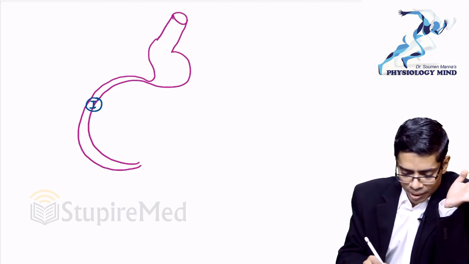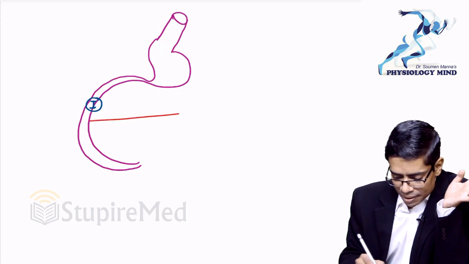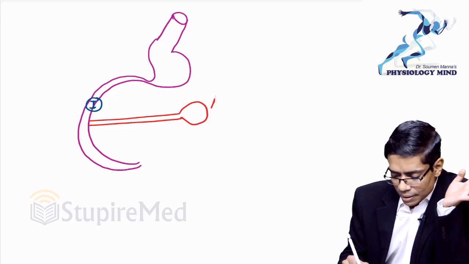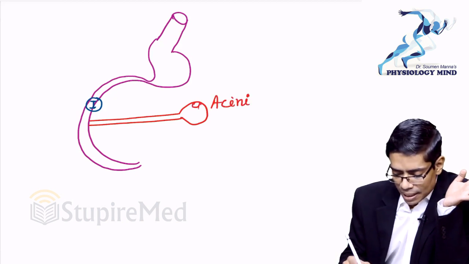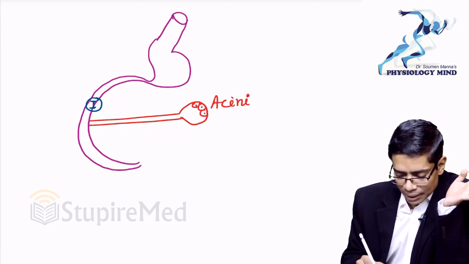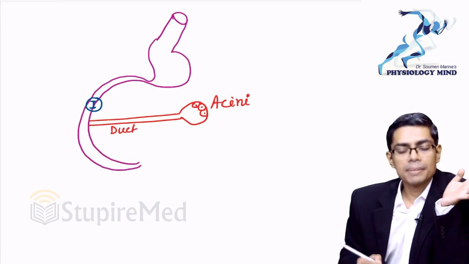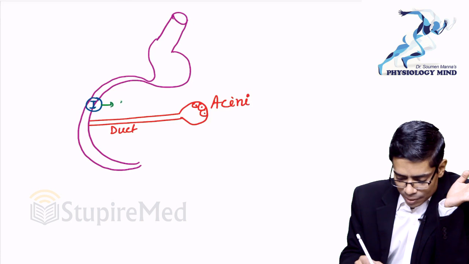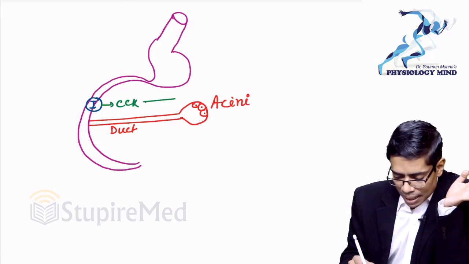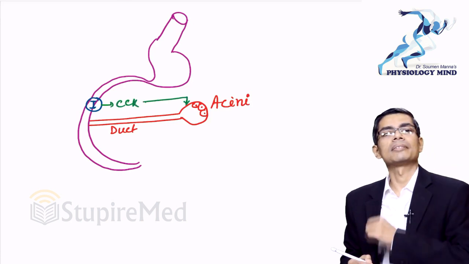Now at this region the pancreas is also there. So suppose this is a pancreatic duct and this is the pancreatic acinus. So these are the pancreatic acinar cells which will produce the enzymes, and this is the pancreatic duct, right. From this I cell, when CCK is produced, it has its main action on this acinar cell.